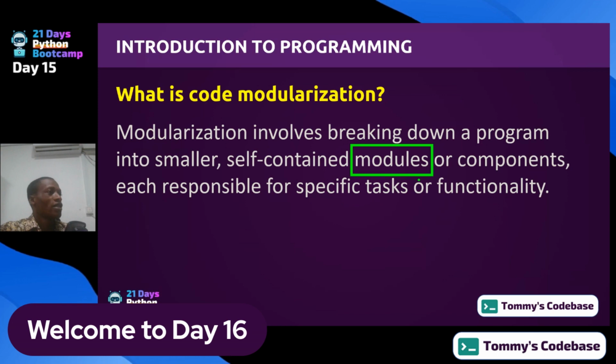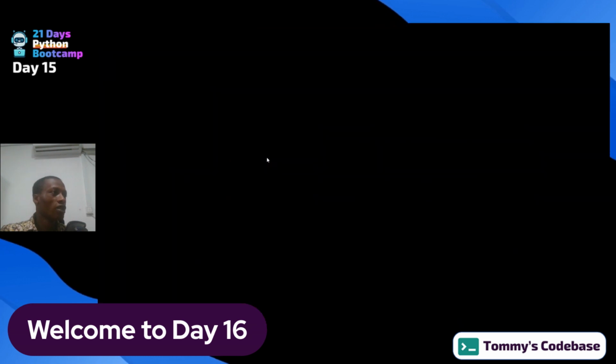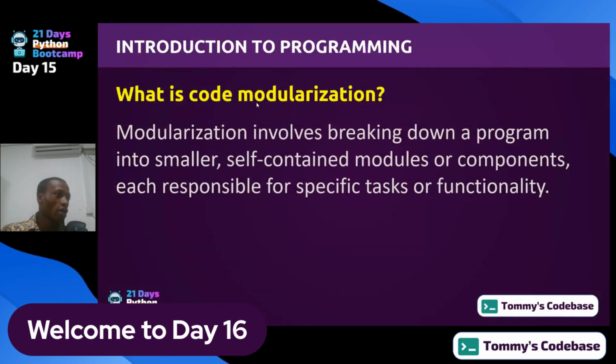If we say modularization, think of it, you have a big project, so you don't want to put all your functionalities in one file. Usually, if you do that, it becomes difficult to maintain the code. So modularization helps us to break the code down into self-contained modules and components, each responsible for a specific task. Think of it like building an app that will contain authentication, some calculations or analysis, and maybe visualization.